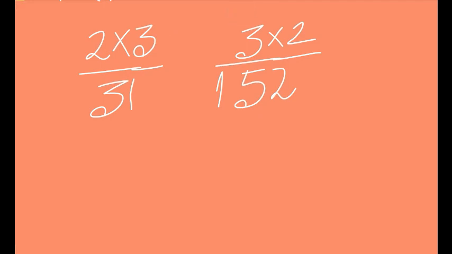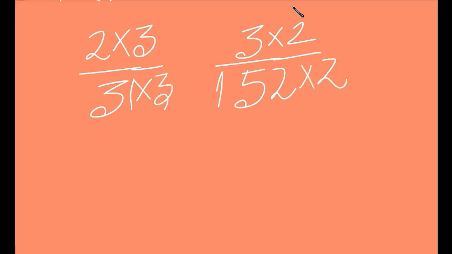Now remember what I told you, if you are multiplying something with the numerator, then you have to multiply with the denominator also, and if you are multiplying something with the denominator, you have to multiply the numerator also. So since we have multiplied a 3, we have to multiply a 3 here also and a 2 here also.